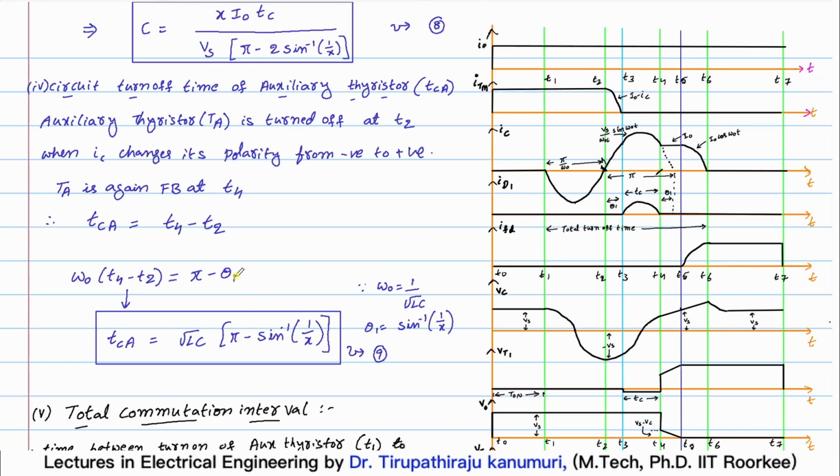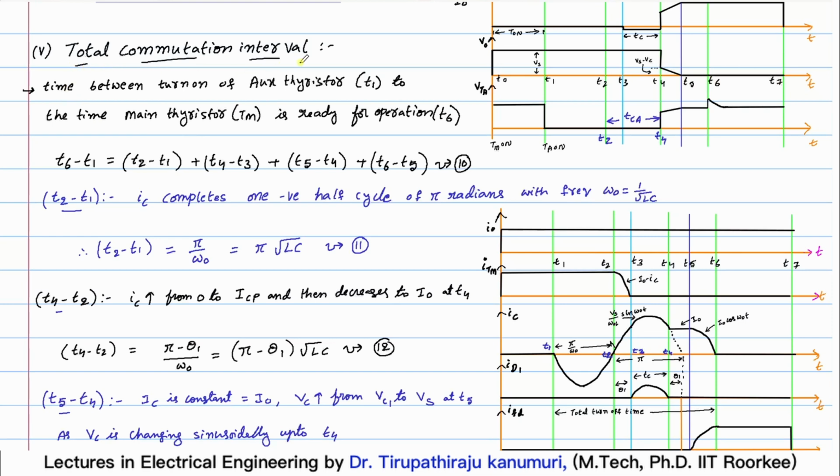When you substitute theta 1 as sine inverse of 1 by x, and omega is 1 by root LC, on the other side it becomes root LC into pi minus sine inverse of 1 by x. And the value of x is ICP by I0.